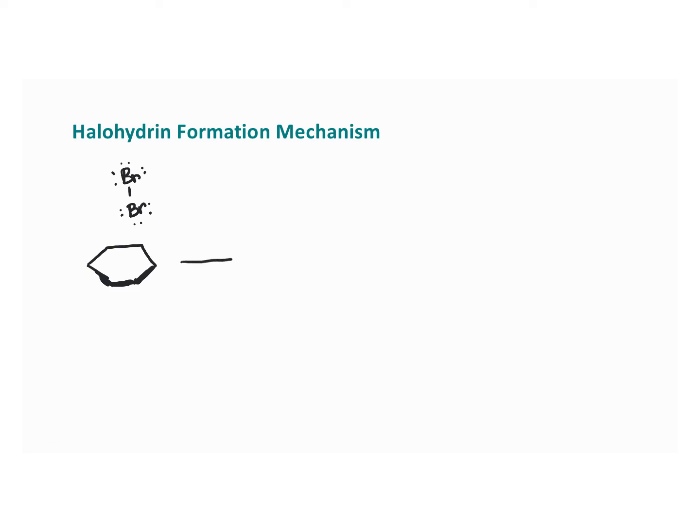The first step is going to be an electrophilic addition, and I forgot my double bond. There it goes. Here these electrons are going to come up and attack the bromine. These electrons are going to come down here and attack the carbon.